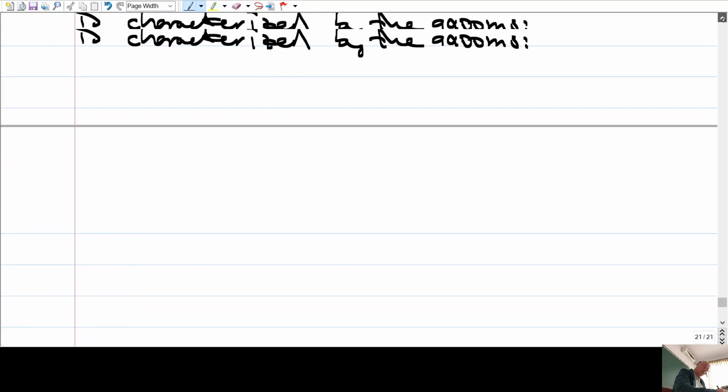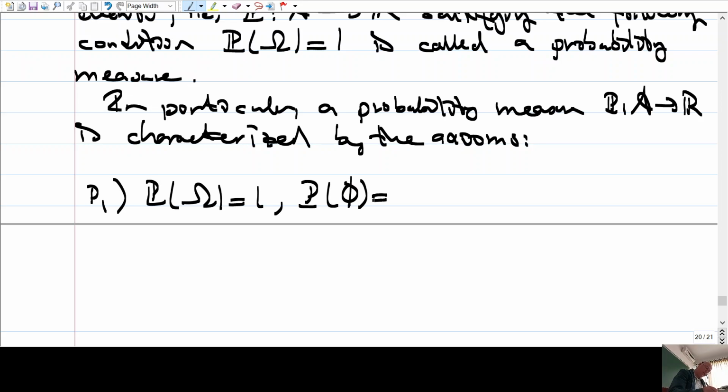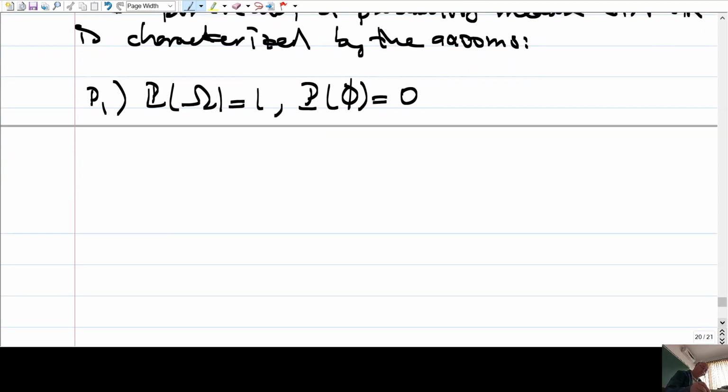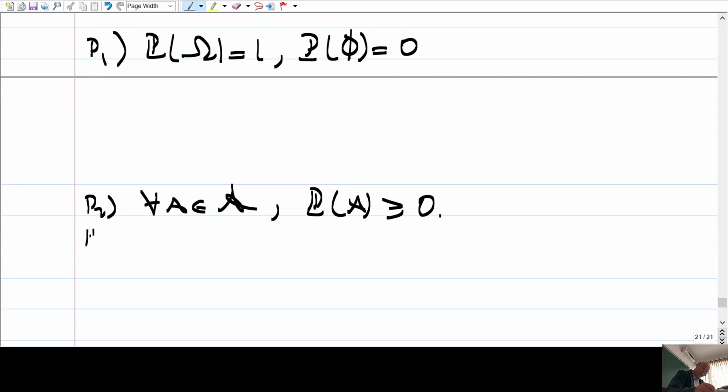Well, two of them are the axioms of the measure. P1 is this: the total measure, or total mass, is 1. And of course, any measure satisfies this: the measure of the empty set is 0. Second one, any event or measurable set has non-negative measure.